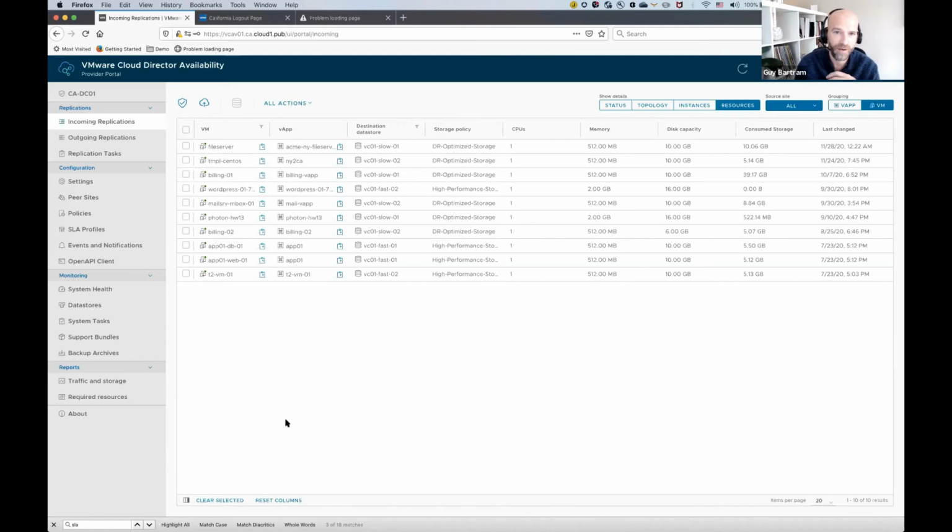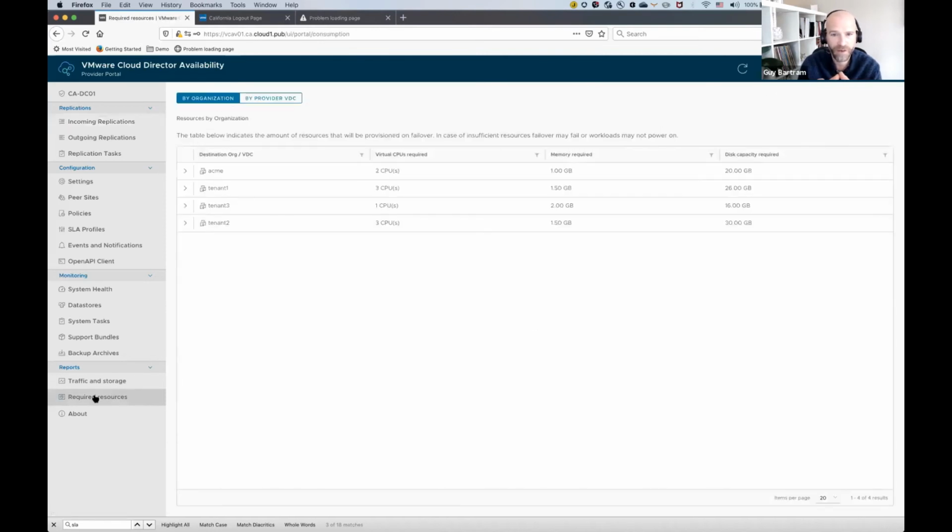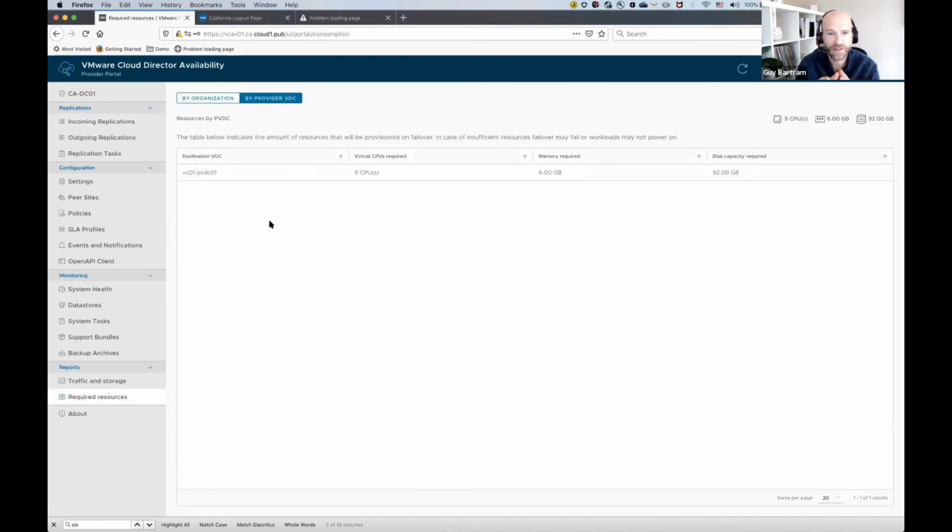So one of the things I think we're looking at here is, when we're looking at the number of CPUs or the amount of RAM, that is the assigned CPU and assigned RAM to that workload, not necessarily what the reservation is in your VDC. Yes, definitely. We are not looking at reservations. What we are reporting is just the virtual hardware configuration.